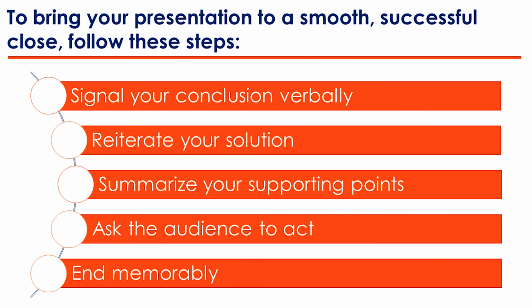First, signal your conclusion verbally. In writing classes, you've probably been told to avoid things like "in conclusion," but in an oral presentation, that kind of phrase is much more appropriate because you want to signal to your audience, hey, we're getting towards the end, pay attention, we've got really important content coming up.